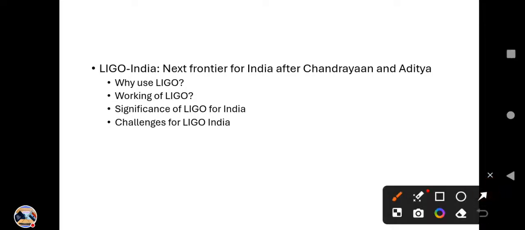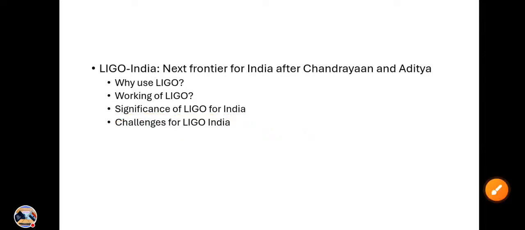And without challenges we cannot discuss any scientific exploration, so challenges also exist here. Challenges include funding, because India lacks funding in the space sector as well as research and development in the field of technology.